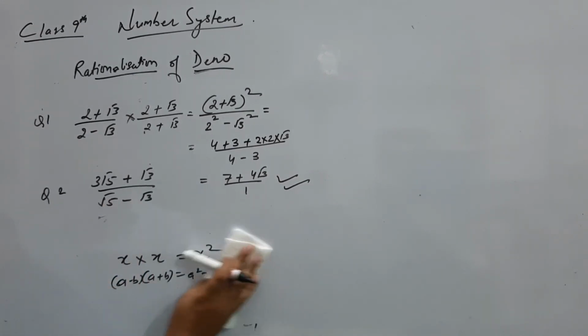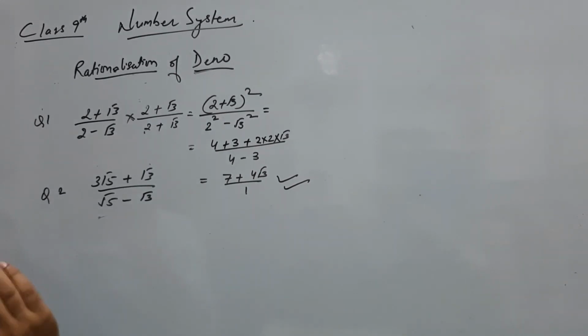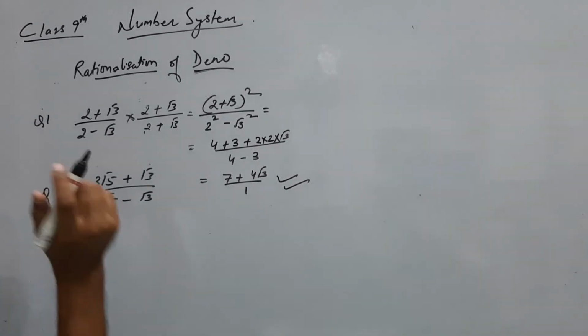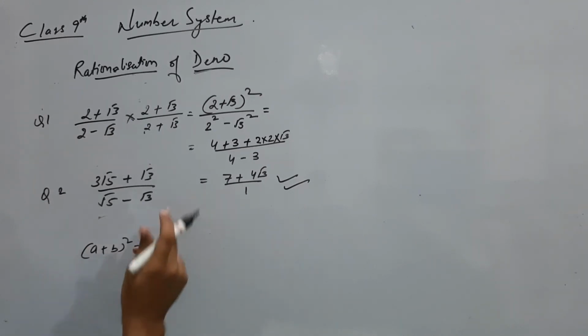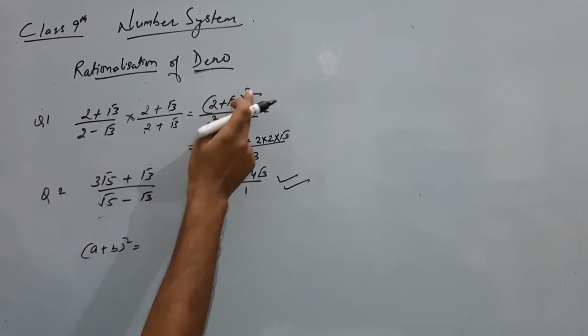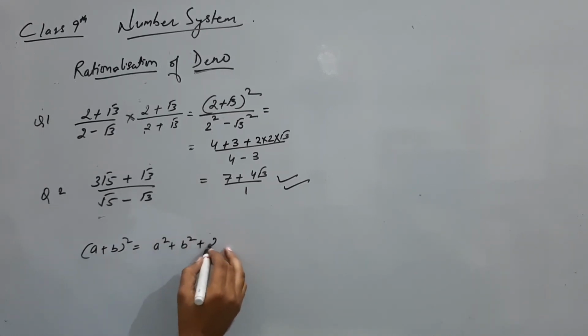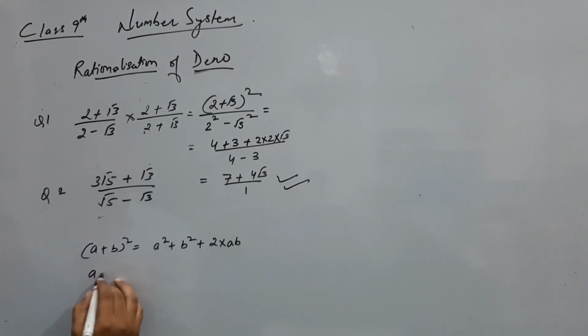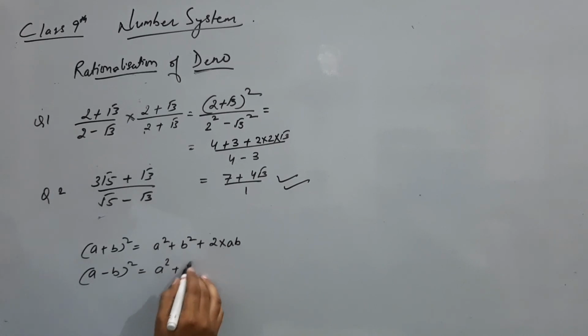So now this one you have to try. Once again, I'm giving you some formulas. First one is a plus b to the whole square, that I used here. A plus b to the whole square is a square plus b square plus 2 into a into b. Another one, for a minus b to the whole square, is a square plus b square minus 2ab.